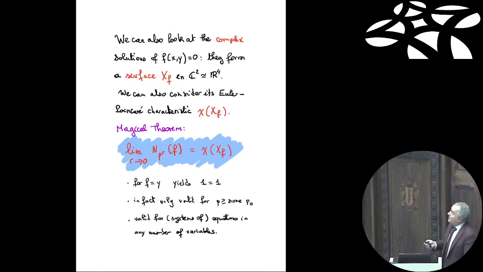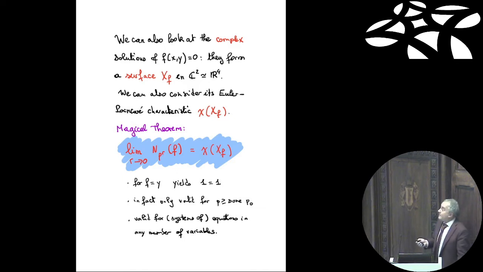This means that this set of complex solutions is a surface, like we saw at the very beginning of my lecture. And since it is a surface, we can consider its Euler characteristic, which I denoted like that.